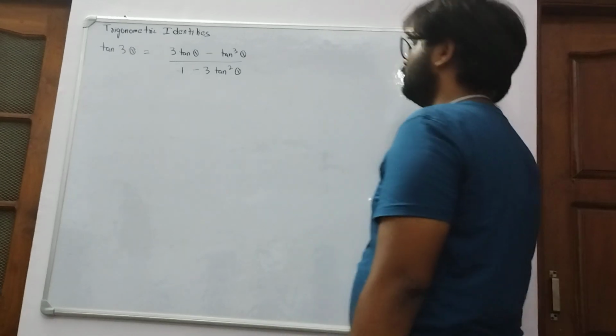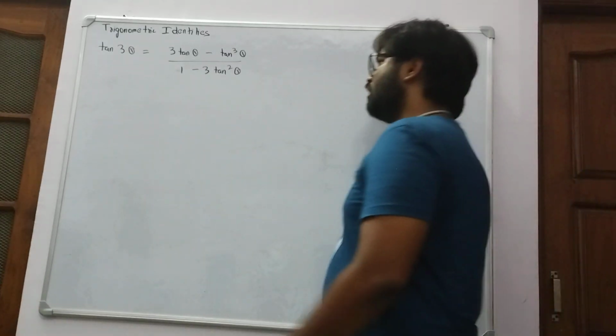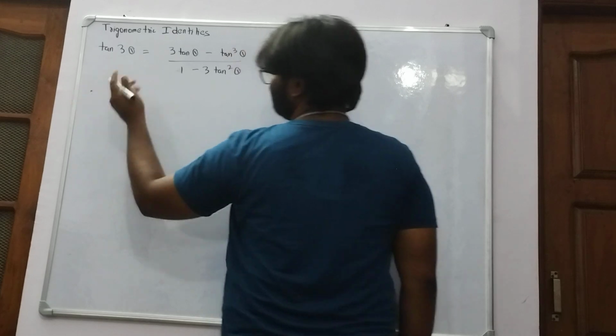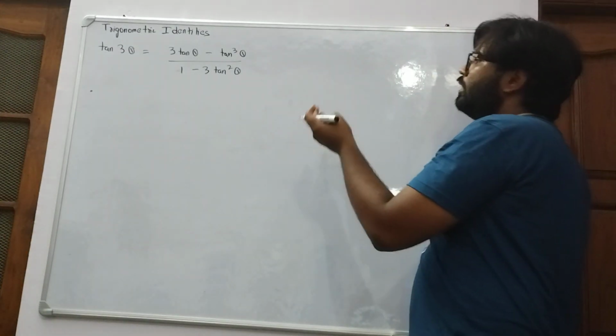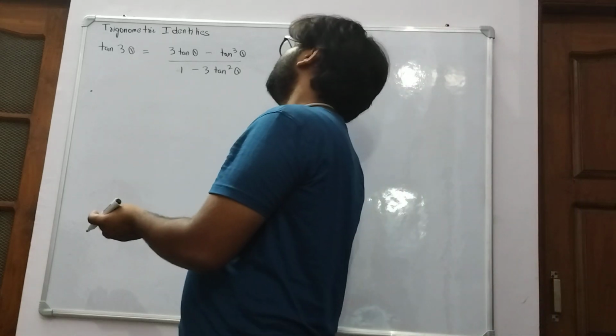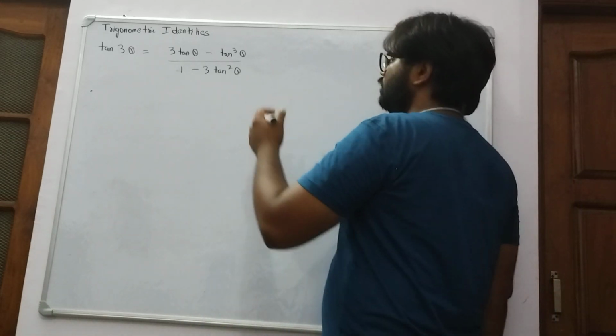This was sin 2 theta, sin 3 theta, cos 2 theta, cos 3 theta, tan 2 theta, tan 3 theta. Now let's go to the other set of formulas.